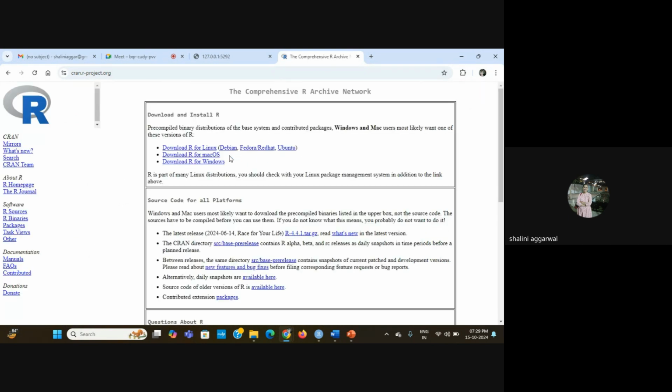You can download R for Linux, Mac for Apple, and for Windows. The people who have an Apple laptop can use this, and the people who have a normal Windows laptop can use this website. Download R for Windows.